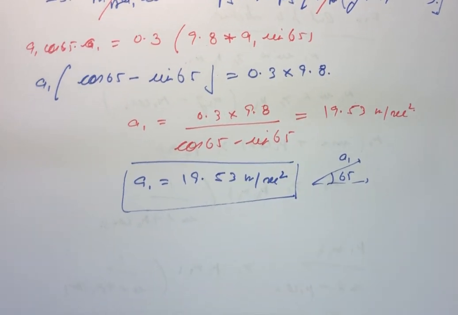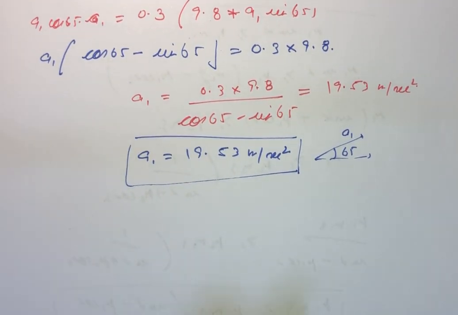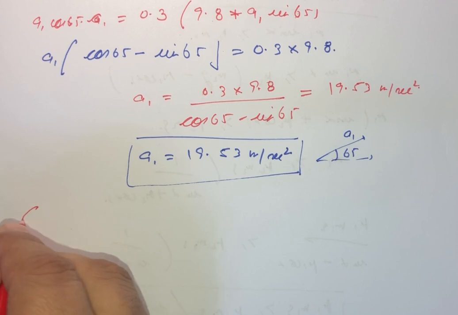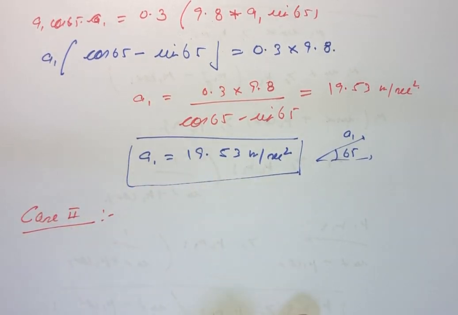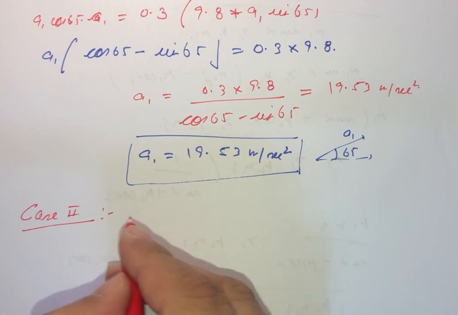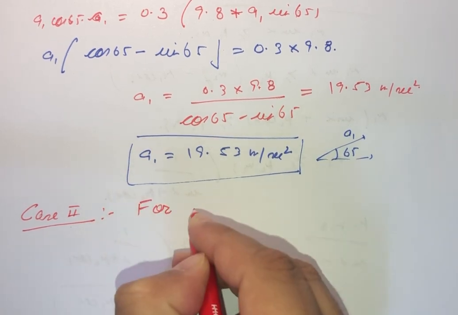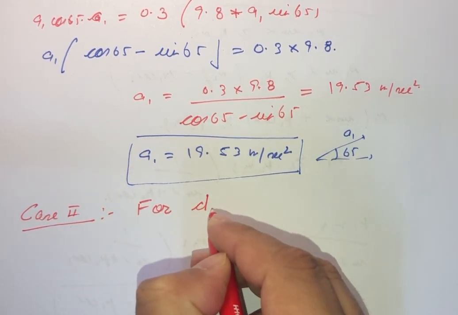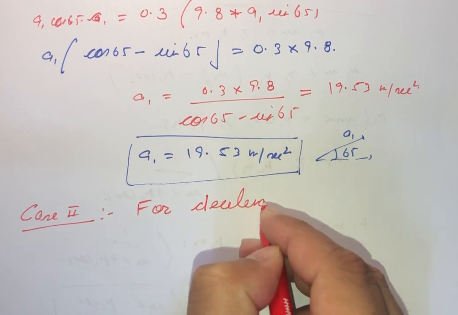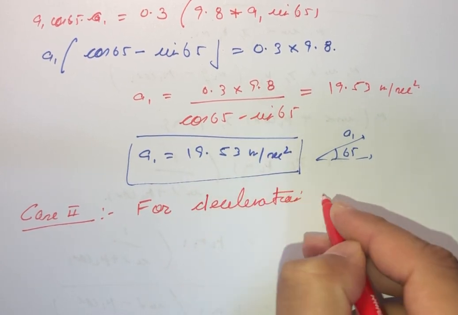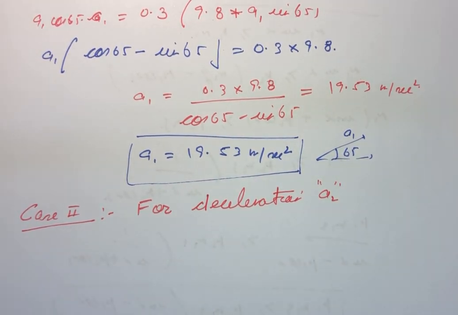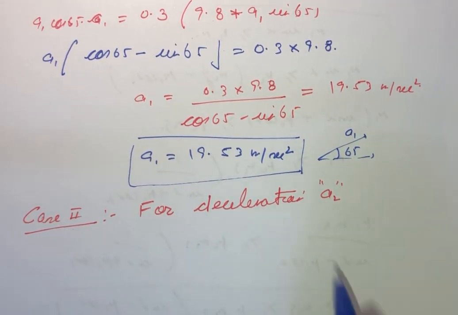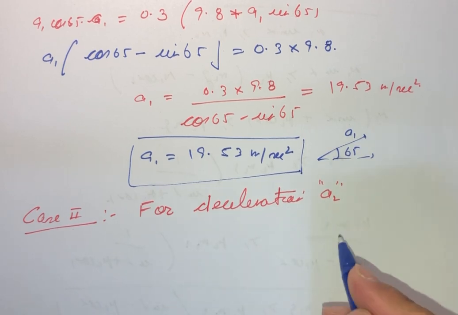Next is for deceleration, that is case 2, for deceleration A2. Once again we can draw the free body diagram.